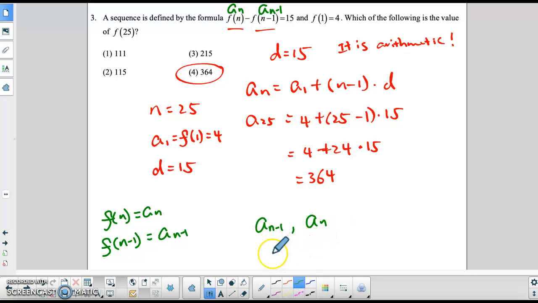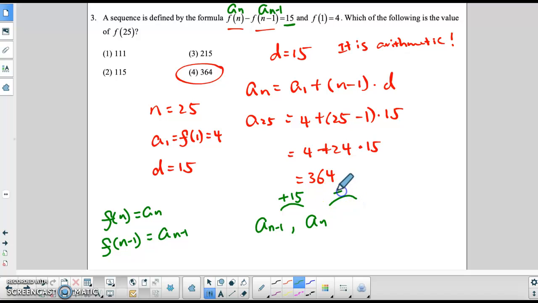So if it's telling you, hey, if you subtract a_(n-1) from a_n, that is a difference. The difference is 15, right? So this piece of information is basically telling us, hey guys, this is our arithmetic sequence.